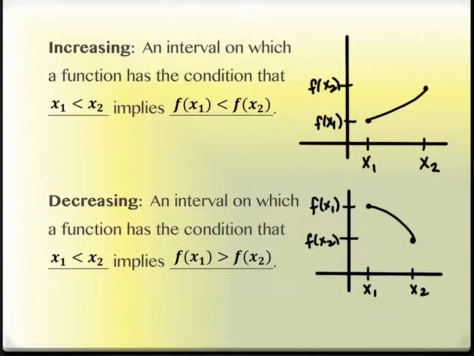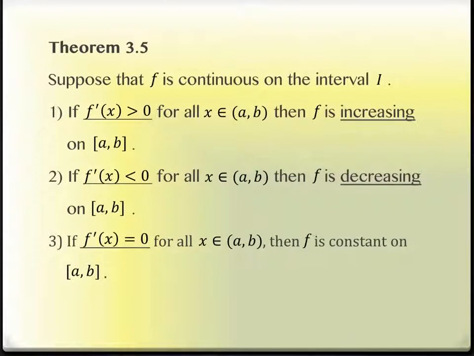All right, so let's take a look at a theorem that talks about these ideas of increasing and decreasing. We're going to suppose that f is continuous, so no holes, no gaps, nothing like that on the interval. And the derivative is positive. You take the derivative, and it's always a positive value on a particular interval, maybe the whole graph, but a particular set of values.